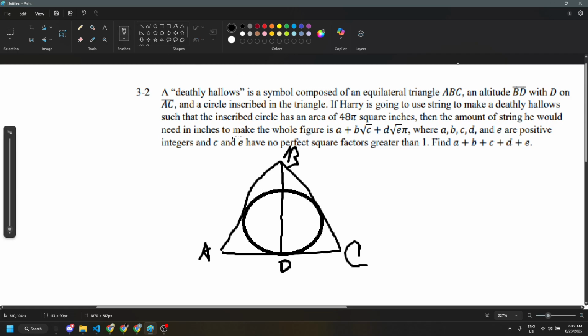So it's basically asking what is the total perimeter slash circumference of this.